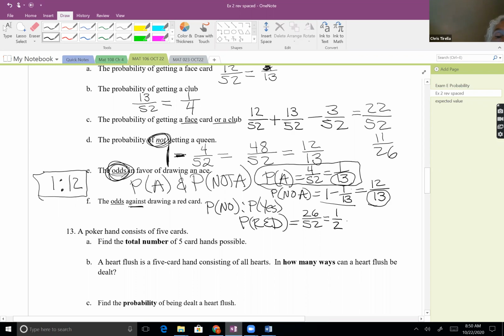So if I want the probability that it's not red, that would be 1 minus a half, which is also a half. And so for the odds, I'm taking the ratio of those numerators, which actually just gives me 1 to 1.